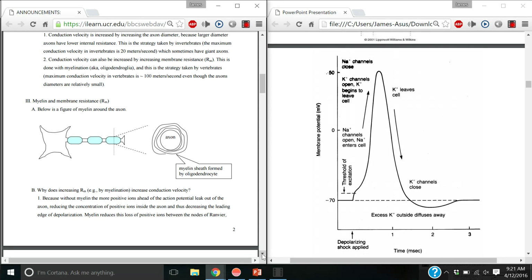Yes? Does the conduction velocity increase if the temperature increases? Conduction velocity is increased by temperature. Yes. And so, one of the presumed advantages of being a so-called warm-blooded animal is that the computational and processing power of our nervous system doesn't change dramatically with different temperatures.